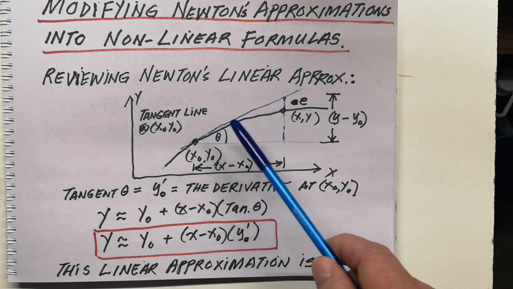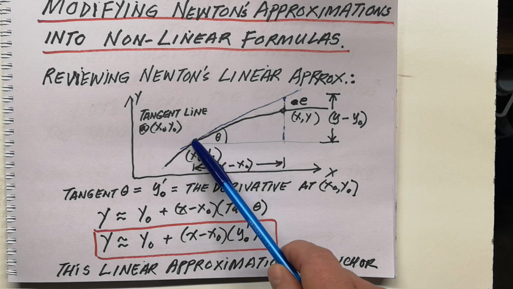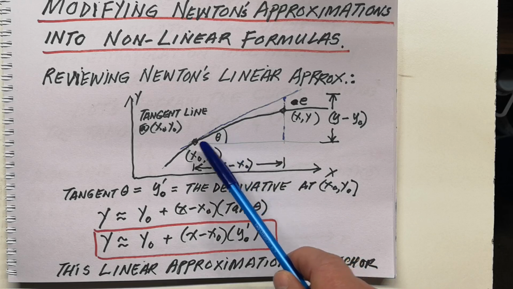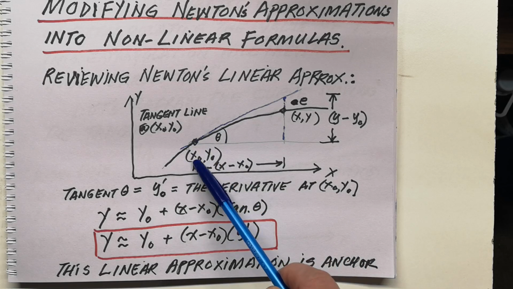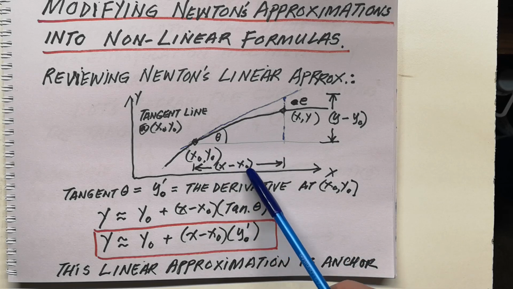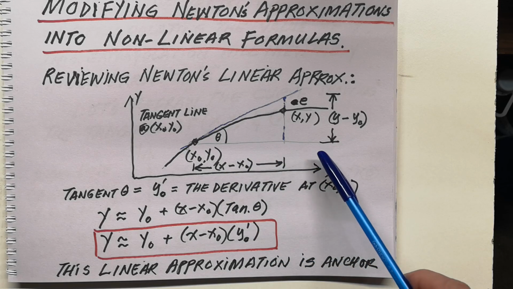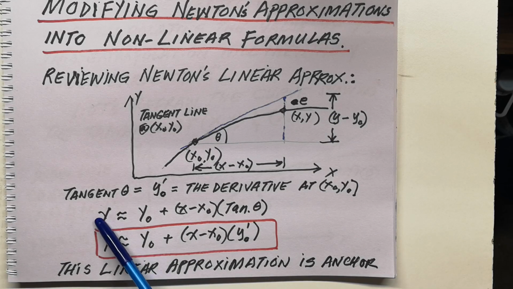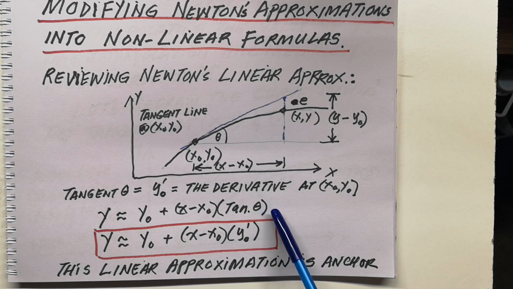The tangent of that angle theta is the derivative at that point x0, y0, and the interval is x minus x0. And the approximation meant that y is approximately equal to y sub 0 plus delta x multiplied by tangent theta.